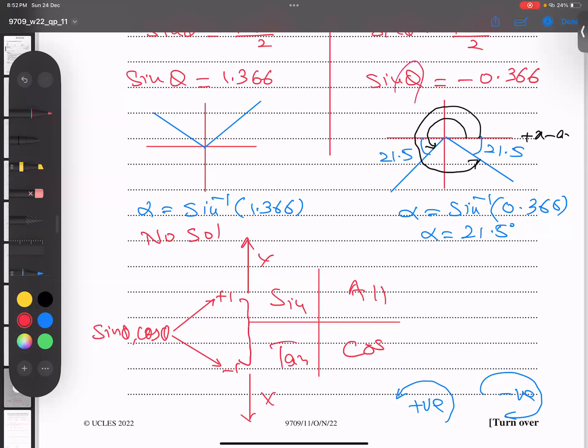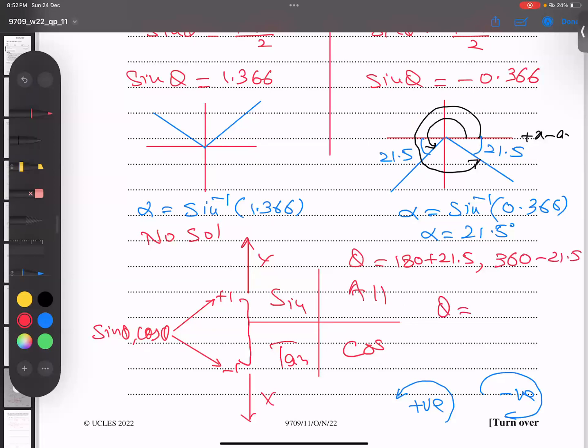And now bring back theta, and I'm going to finalize my answer. So for the first answer, this is 180 on a straight line, and this is 21.5. I have to start from here and stop here. So naturally, this is 180 and this is 21.5, so I will add them. So 180 plus 21.5. And for the second answer from here, a full circle is 360 degrees, but this angle I don't want, so subtracting: 360 minus 21.5.